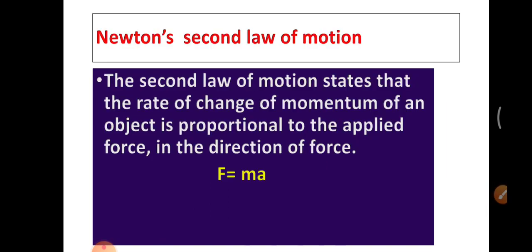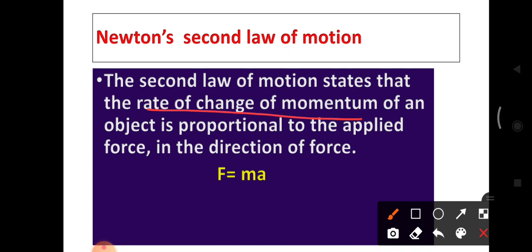The next concept, Newton's second law of motion. The second law of motion states that the rate of change of momentum is directly proportional to the applied force. If the force is more, the momentum of the object is also more.